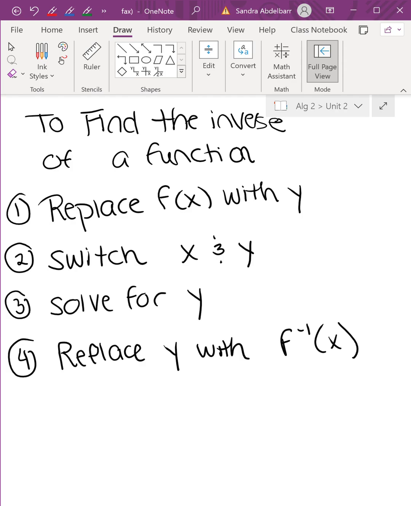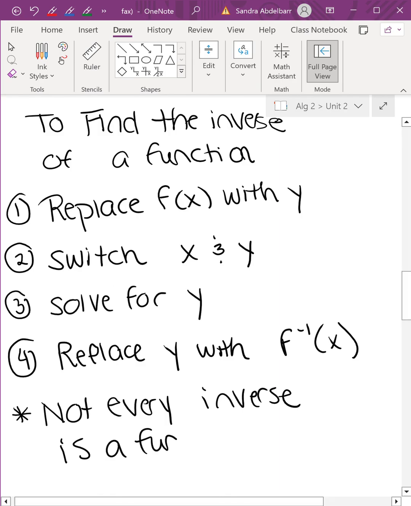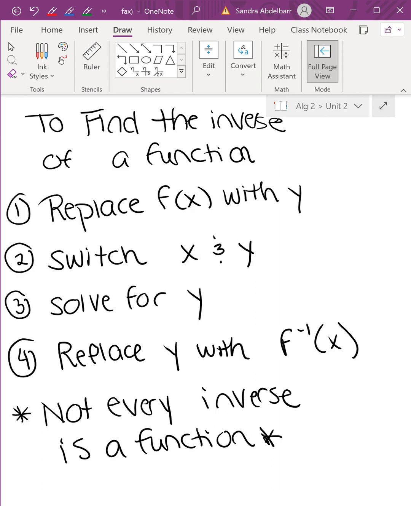Okay, very special note here. Not every inverse is a function. So what do I mean? Just because you start off with a function does not mean the inverse is a function. And the parabola was a perfect example of that. Once you write this down, I'll go back up to show you.